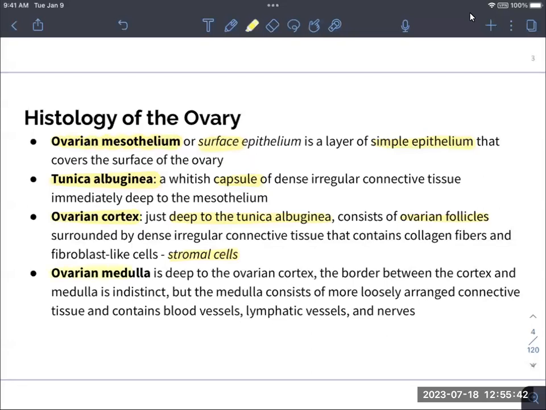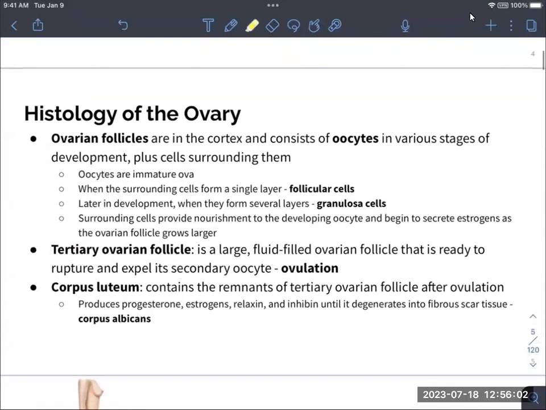The ovarian medulla, this is the innermost portion. In this innermost portion, we have connective tissue, we have blood vessels, we have lymphatic vessels, we have nerves. There's a lot going on in all these different parts of the ovaries.